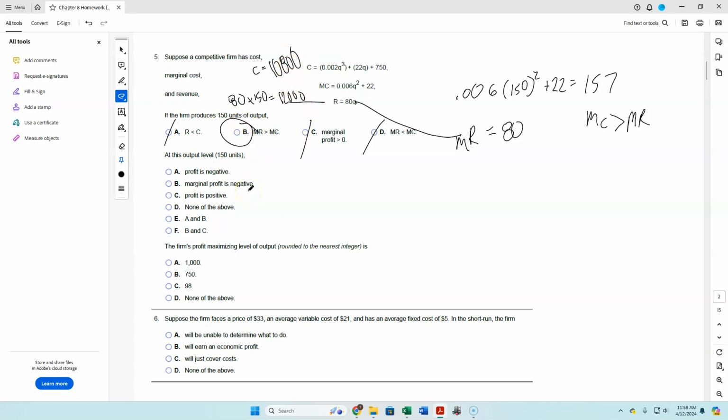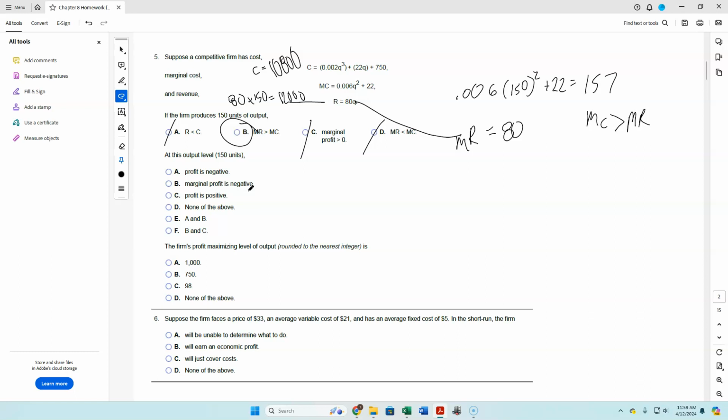Okay, at this output level, what then are we seeing to be true? Well, with costs that are less than the revenue here, what do we know is true? Would it be that profit is negative, or that marginal profit is negative?